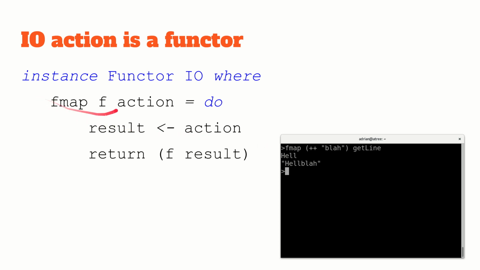So fmap, function, IO action. getLine is an IO action. And so what happens in here? The action gets evaluated, and the result of the action is put into a variable.